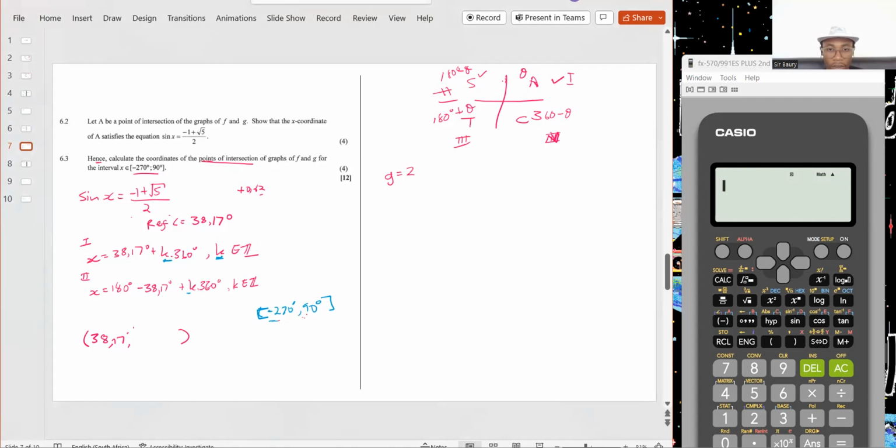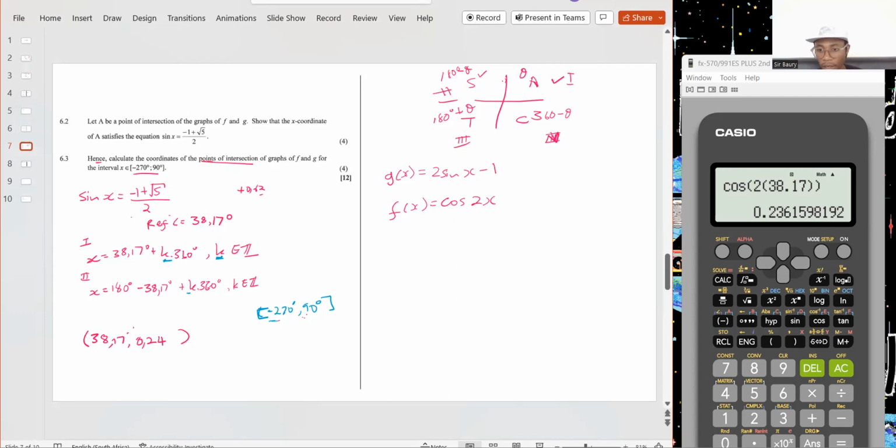The equation of g was 2 sine x minus 1, and f of x was equal to cos 2x. So I can substitute within these values: 2 cos 2 into 38.17. This is equal to 0.24. Those are my first coordinates.